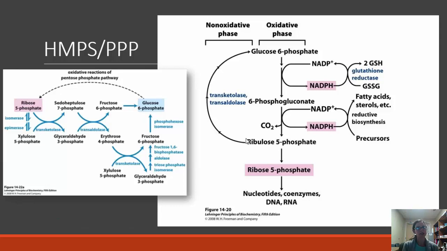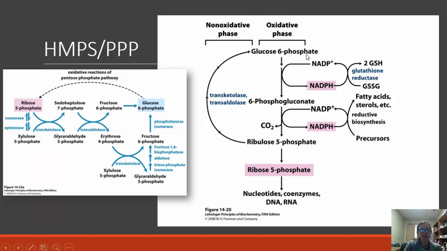All right, so let's look at the pentose phosphate pathway. So, okay, let me see if I can get this one straight. It has two different phases, the oxidative phase and the non-oxidative phase. So this is kind of like two parts to the same picture. This has the oxidative phase in detail, and this has the non-oxidative phase in detail.